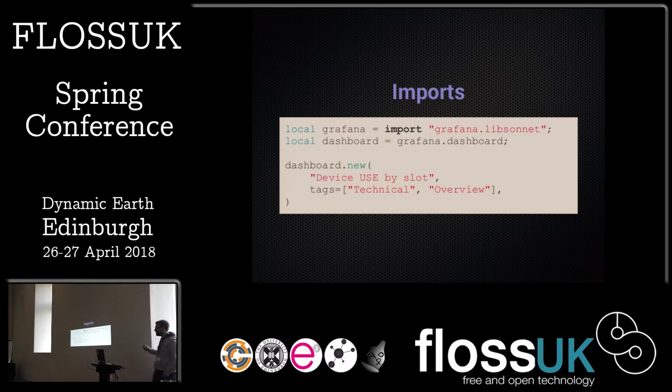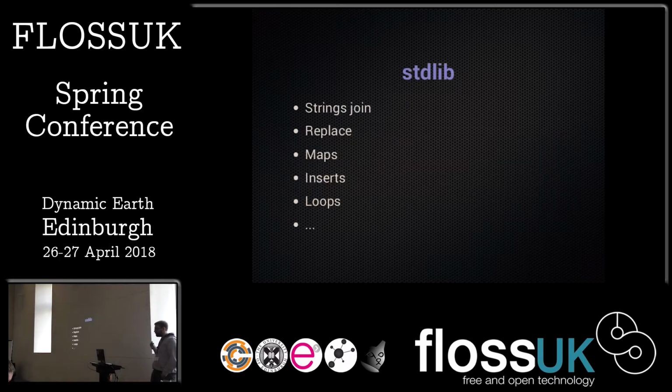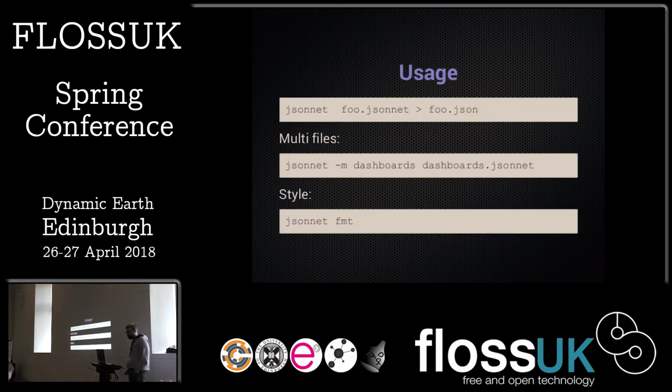I just import it and then I can do dashboard.new, and with those two lines I get a full JSON file with a bunch of values based off just the parameters I have given. On top of that, you have a standard library built into Jsonnet, which enables you to play with strings, do replacements, play with maps, loops, anything you want. It's batteries included.